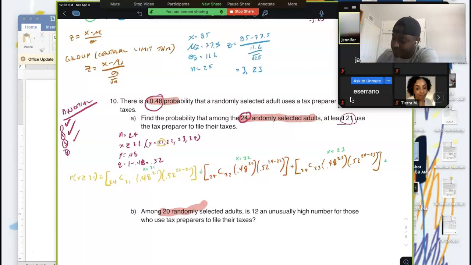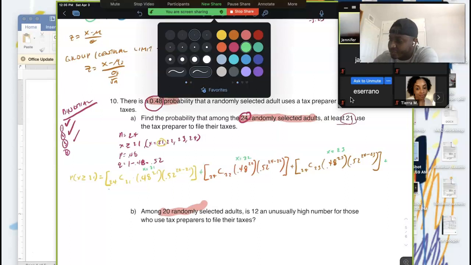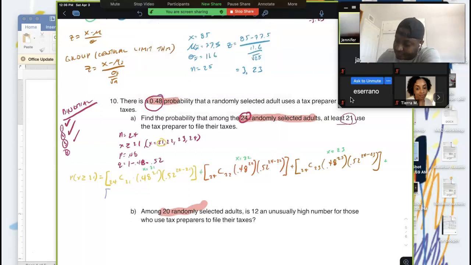And then the last one, 24 choose 24, 0.48 to the 24th, 0.52 to the 24 minus 24.